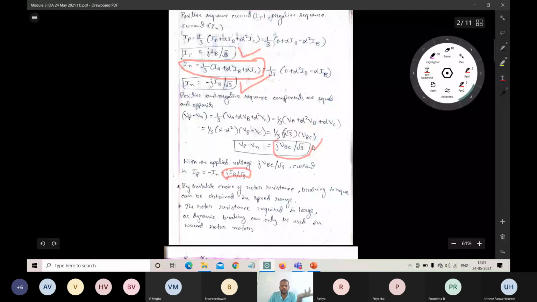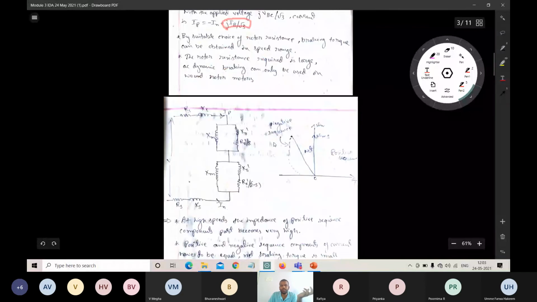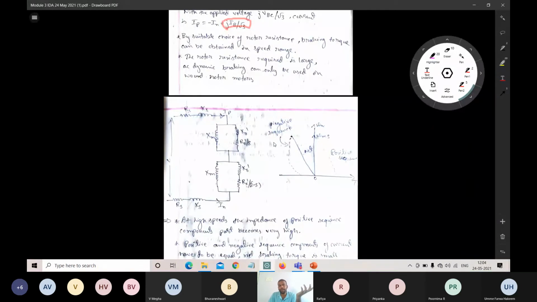By using suitable choices of rotor resistances, as we know the rotor resistance is high, in order to generate the braking torque we have to use suitable rotor resistances, which leads to obtaining speed ranges. By applying negative torques, we can generate negative speed.